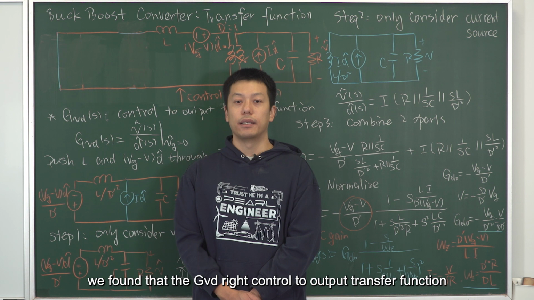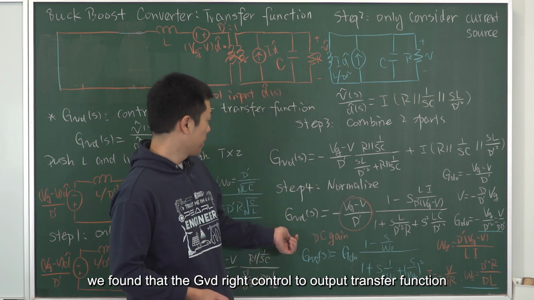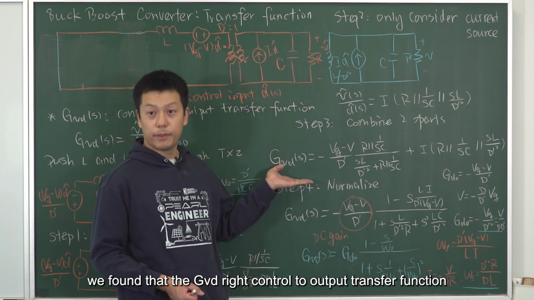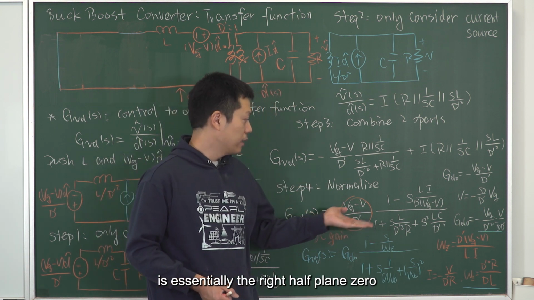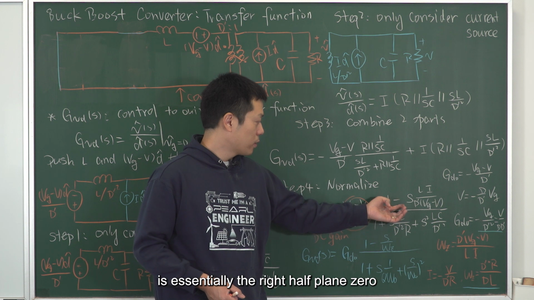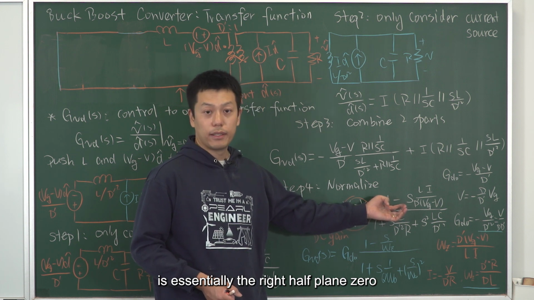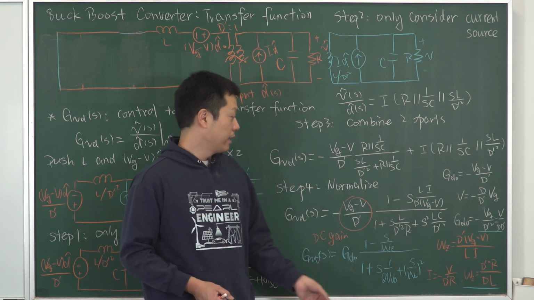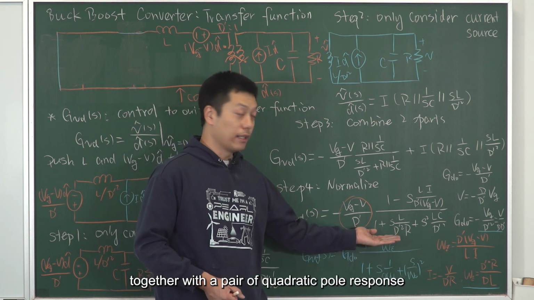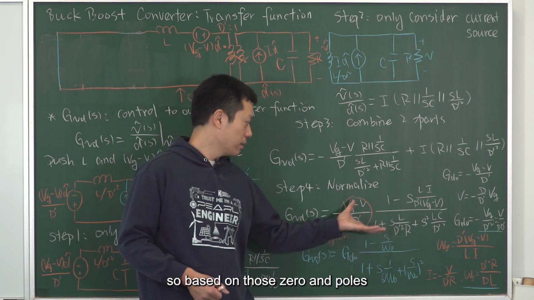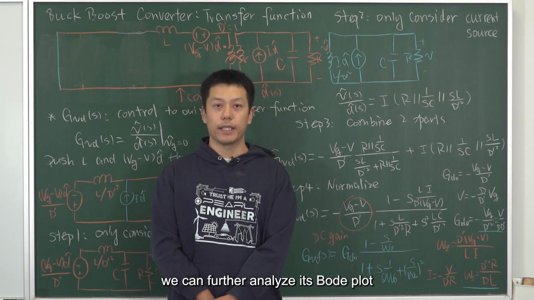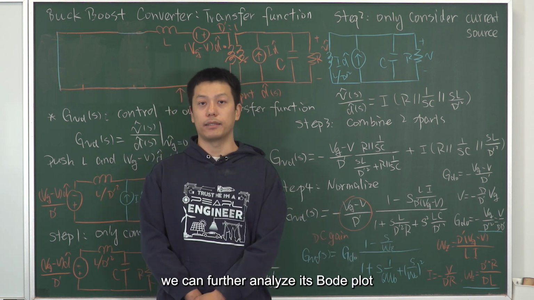We found that GVD, the control to output transfer function, is essentially a right half plane 0, together with a pair of quadratic pole response. So based on those 0 and the poles, we can further analyze its Bode plot.